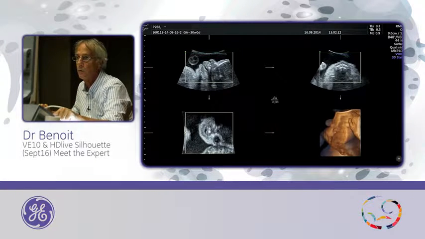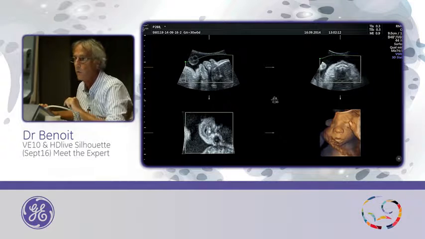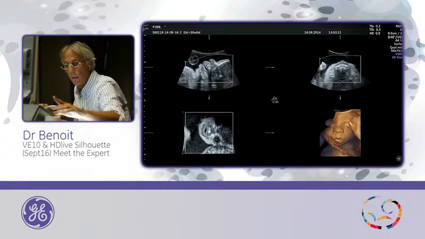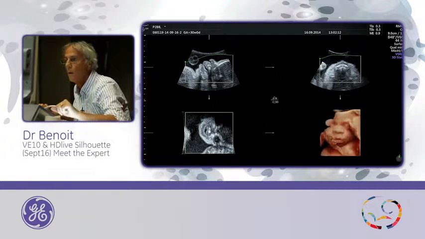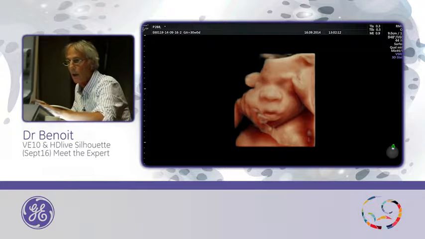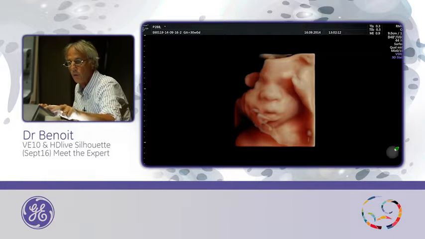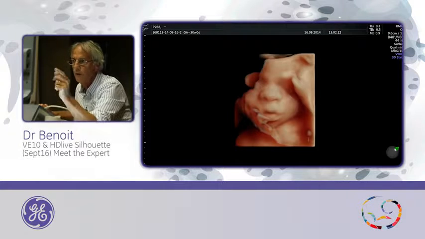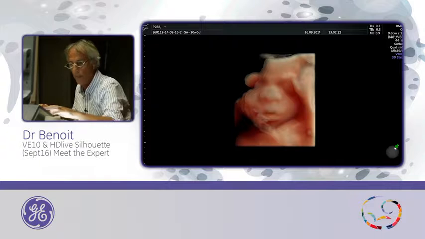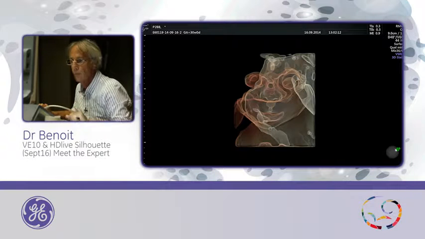This is without Sono Render Start, and this is with Sono Render Start. So we do one picture with HD Live. When we put the silhouette, it's a little bit more glossy. This is with more silhouette, and this is with a maximum of silhouette.